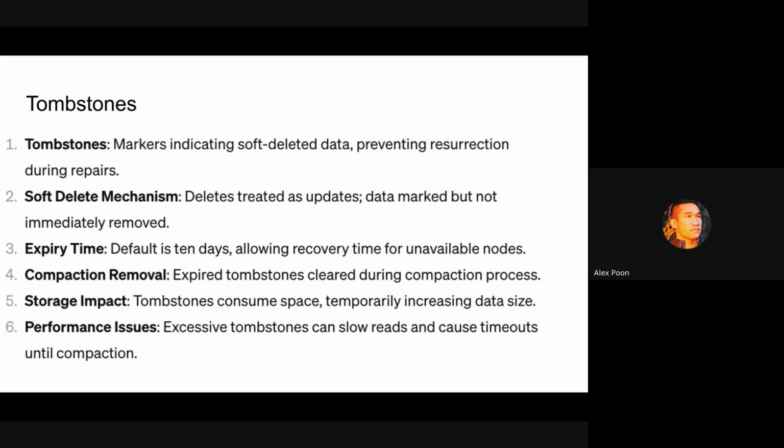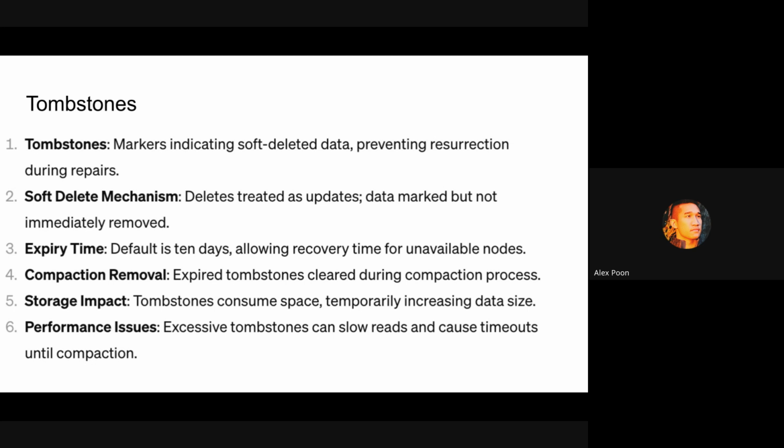A tombstone is similar to the idea of a soft delete from the relational database world. When we delete data, Cassandra does not delete it right away. Instead, it associates a tombstone with it with a time to expiry. In other words, a tombstone is a marker that is kept to indicate data that has been deleted.